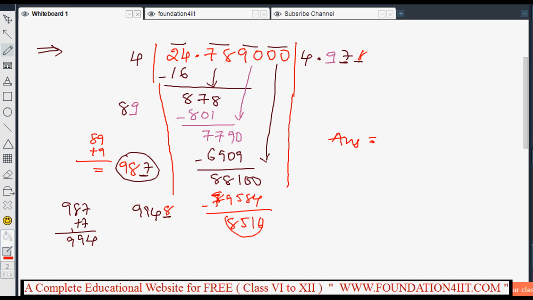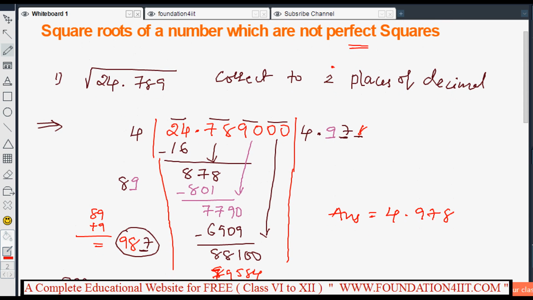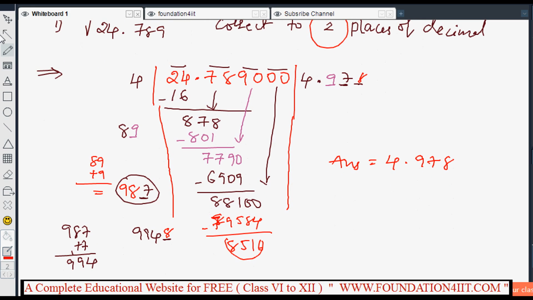So the answer is equal to 4.978. We have three places of decimal, but the question is up to two places of decimal. So the third place you have to round off. Round off means if the third place, third after the point, is 5 or more, we add to the previous number.